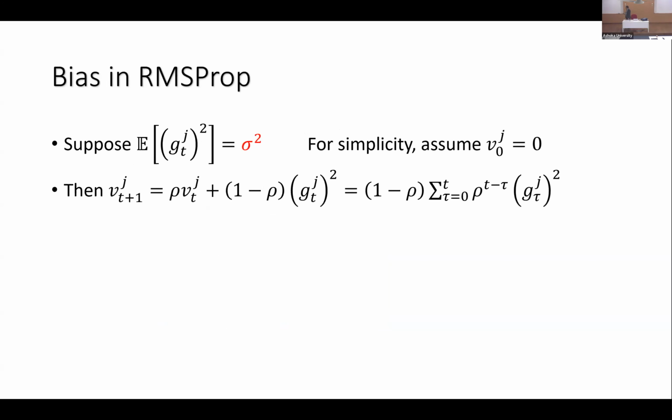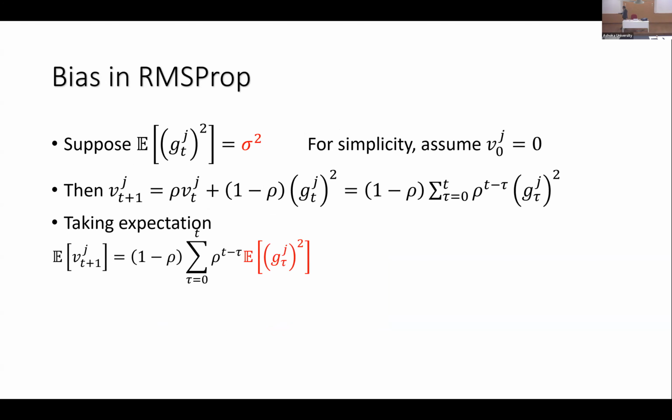And then bias correction is like this: if you take the expected value of this, it turns out that it is not equal to the expected value of the gradient. For example, if you take this to be sigma square, then it will be sigma square times 1 minus rho raised to the power t.